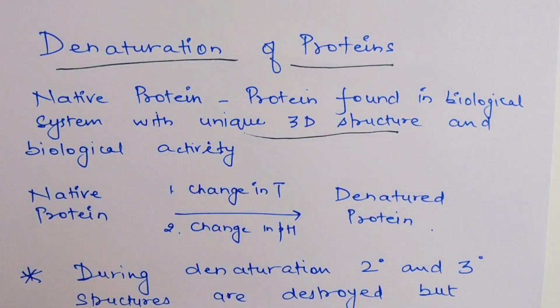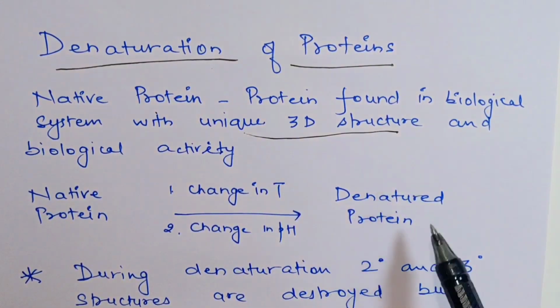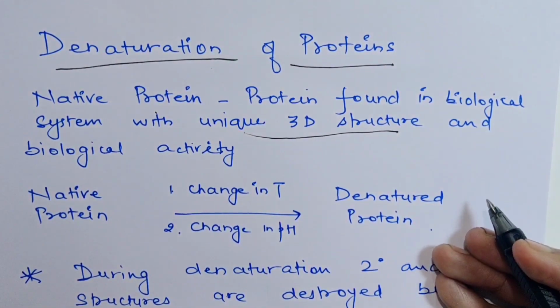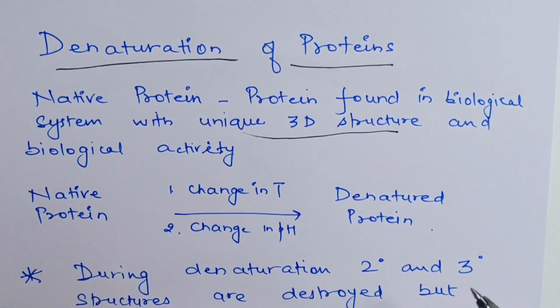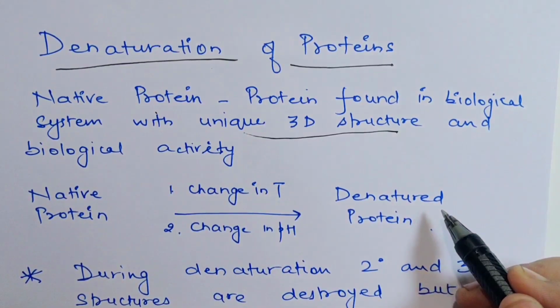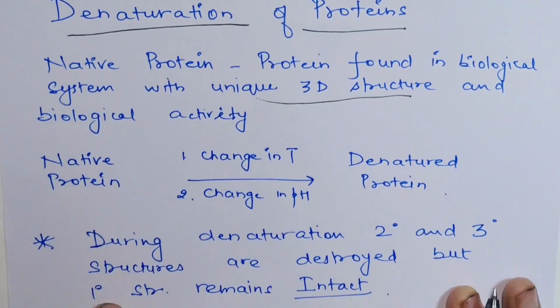If this native protein is subjected to a change in temperature or pH, that means if you heat it or if you decrease or increase its pH, because they have a range of pH and temperature in which their biological activity and structure is retained. Anything outside that range, the biological activity and structure change, and that change is called denaturation.